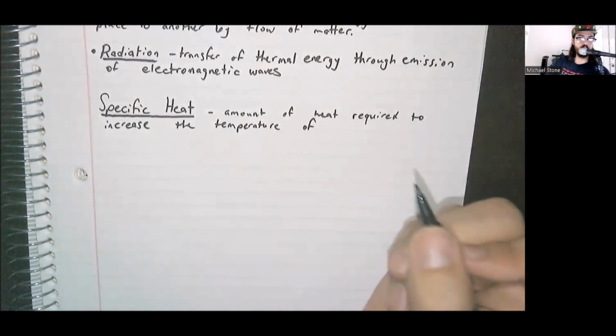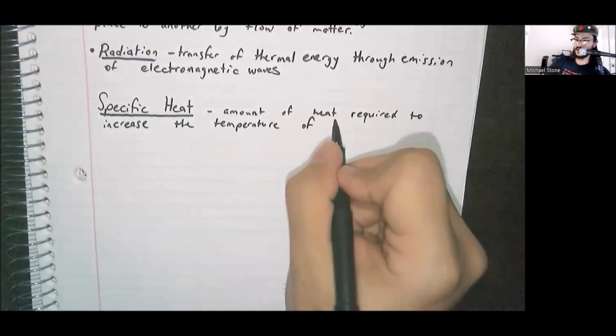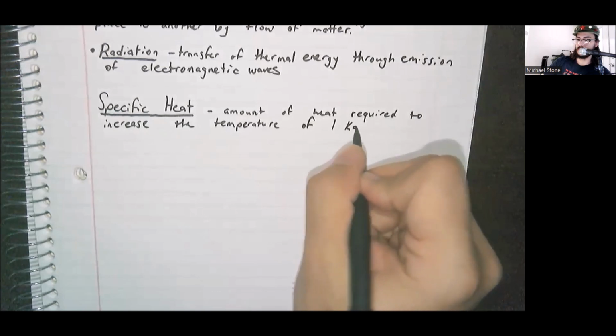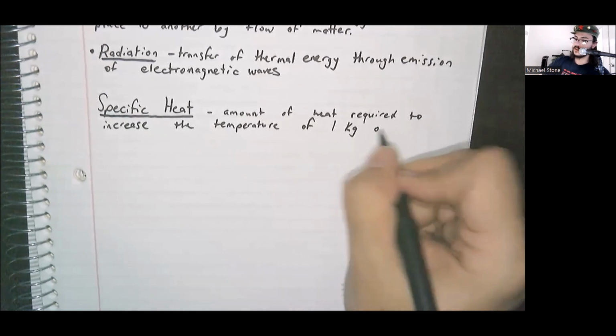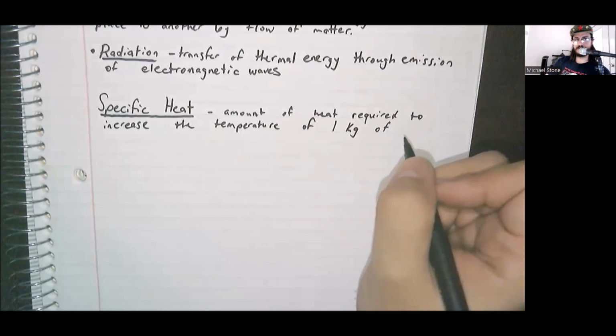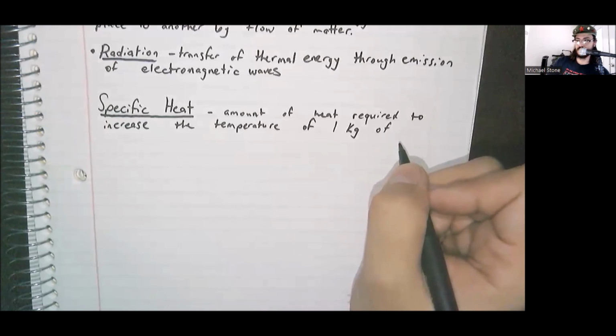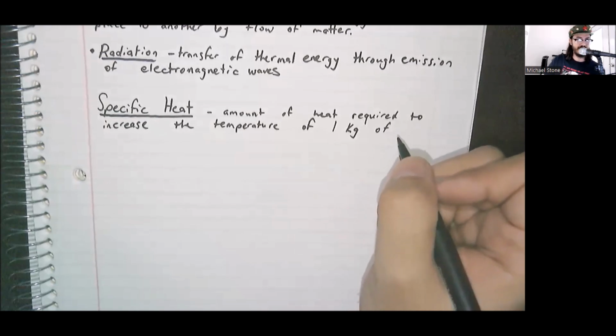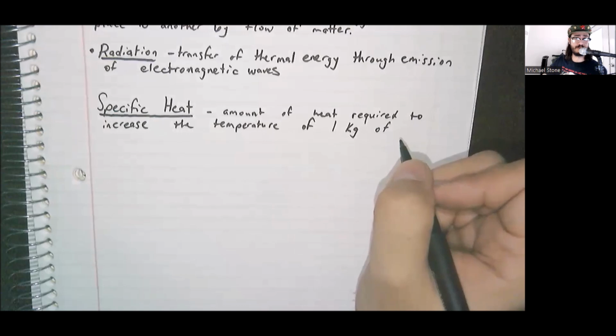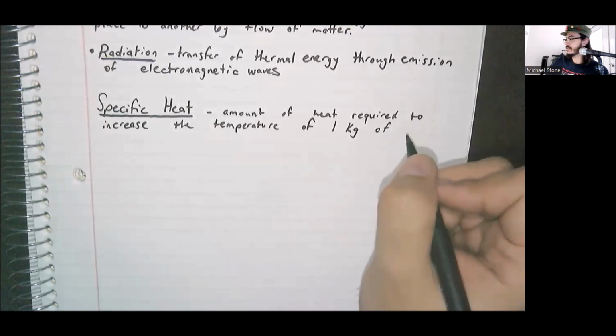of, you can do 1 gram or 1 kilogram. One kilogram is the base unit, so I'm going to stick with that. It's another thing where you see different people write it differently. Joules per gram degree Celsius or joules per kilogram degree Celsius. Some weirdos even do kilojoules per gram degree Celsius.